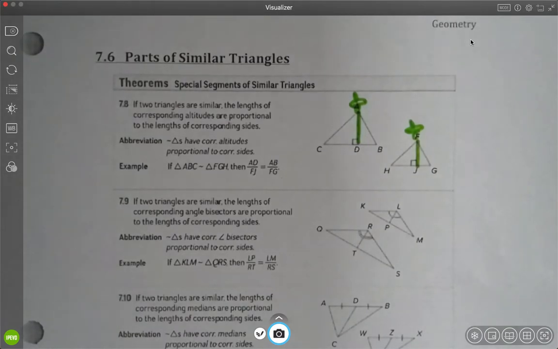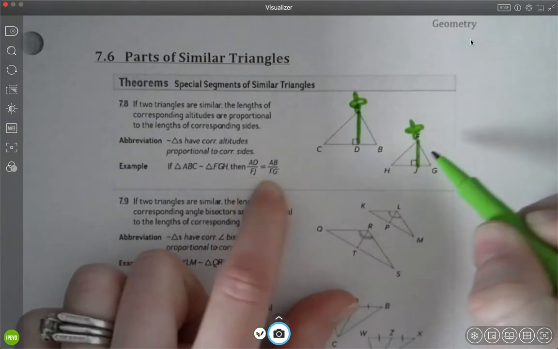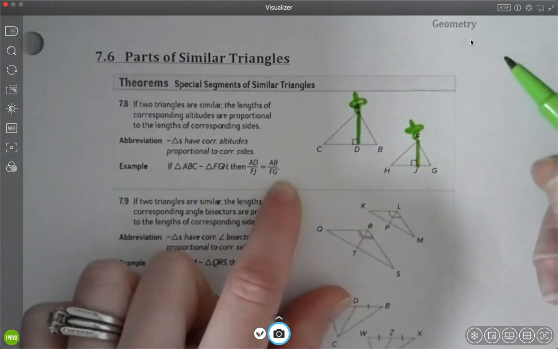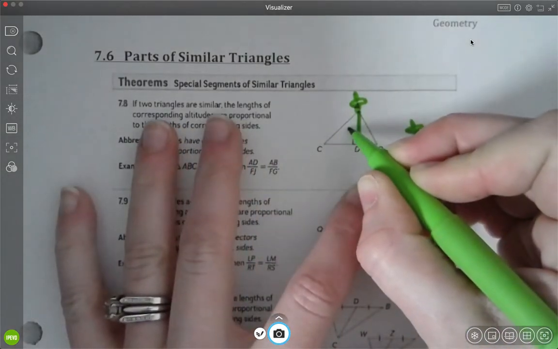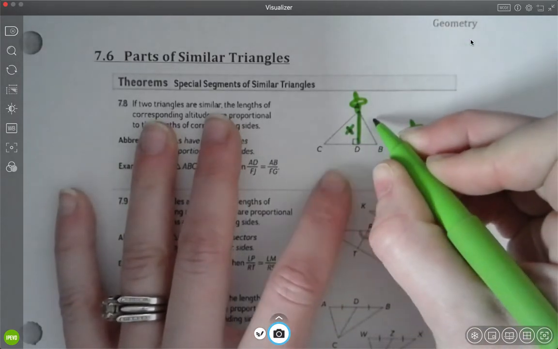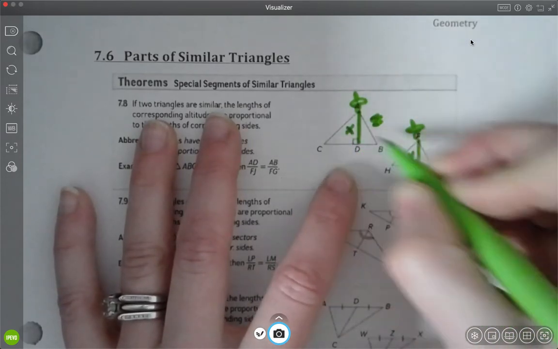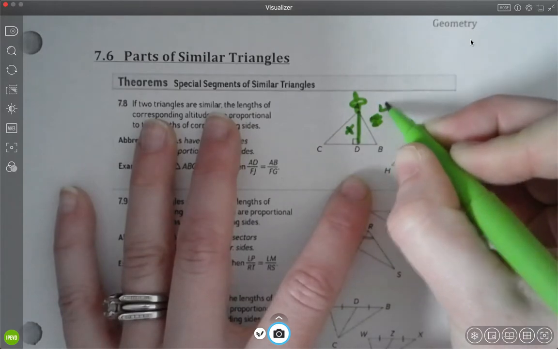So when I have parts like that, they say AD over, let's say, FJ, and AB over FG. Let's say this is X and this is Y, and this is 4 and this is 2.